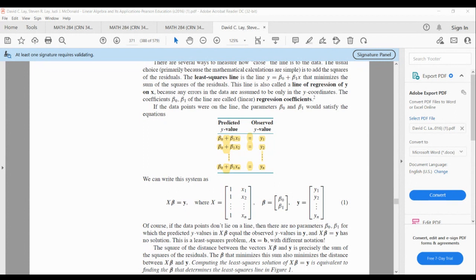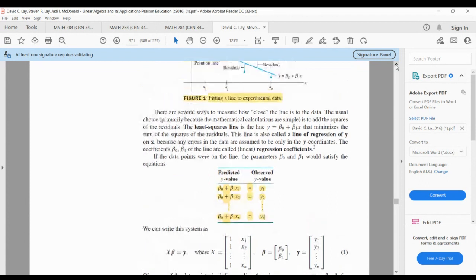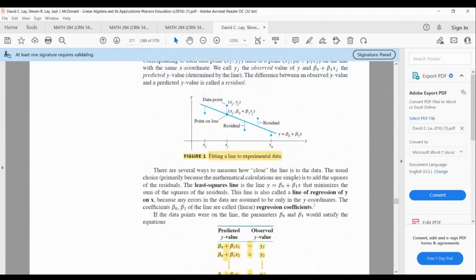You have all these equations here, but for this beta 0 and beta 1, there's no solution, because in the picture the coordinates do not all fall on that straight line.